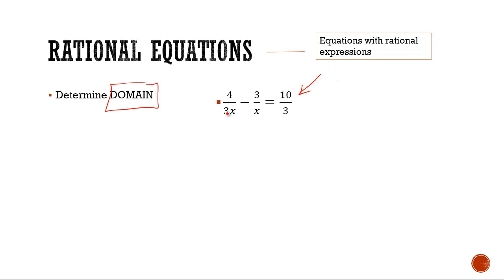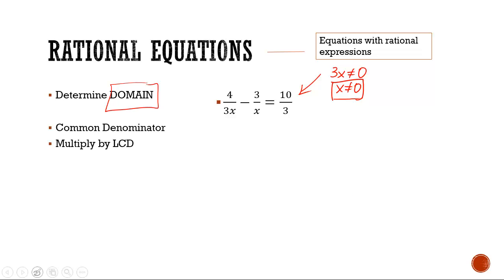So here you have an x in the denominator, so 3x cannot equal 0, therefore x cannot equal 0. In the second denominator, x also cannot equal 0, so your domain cannot be 0 for x. So if your answer ends up being 0, you cannot include that answer in your solution set.